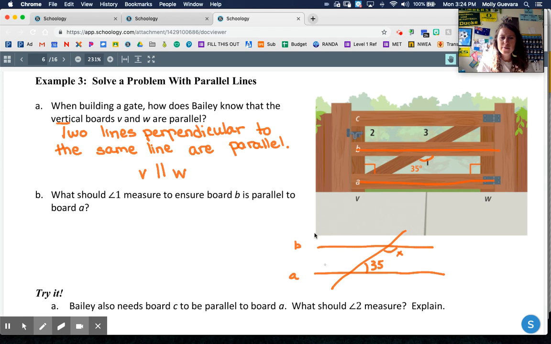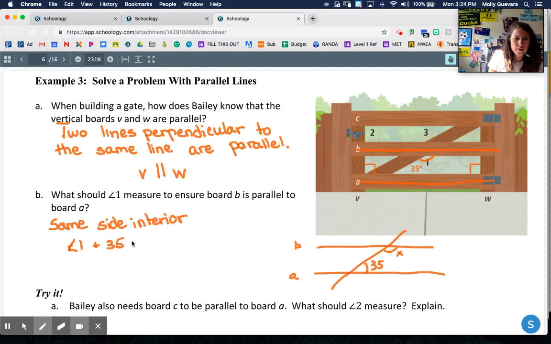Okay, if A and B are parallel, then I know that these two angles add to 180. They're same side interior. So that tells me that angle 1 plus 35 equals 180.